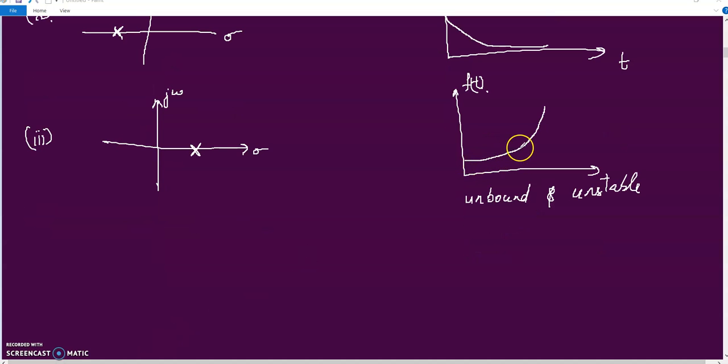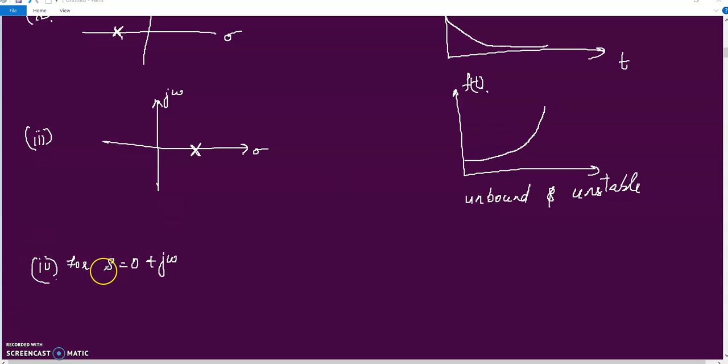Here we can see that the response is unbound or unstable. Bounded means which has a limit. Here there is no limit. It's going on increasing and increasing. This is called unbounded. So when the pole is on the right half of the S-plane, the response is unbounded and it's an exponentially increasing function.